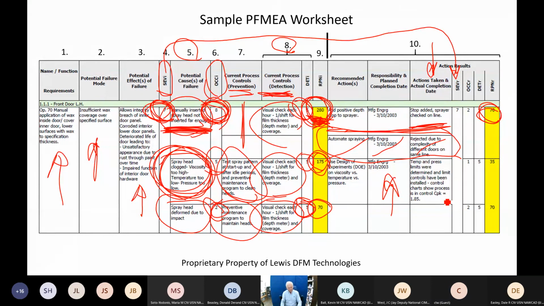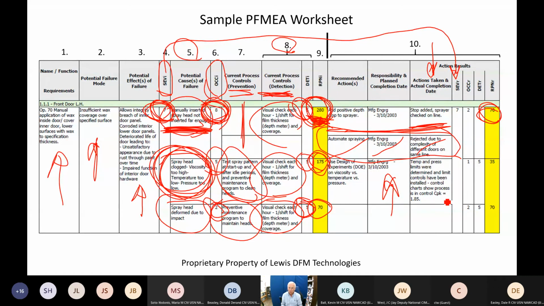Yeah, so detection needs to be a part of the recommended actions that need to be taken. Because as we as a team are working together to try to figure out not just what's wrong or what could go wrong, but how could we fix that, we have to understand that the ratings for occurrence, severity, and detection come into the equation for, can we improve those things?